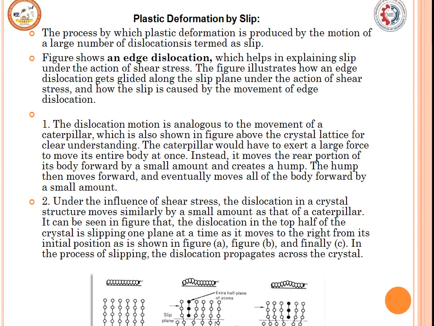Whenever the slip plane comes, the atoms in the given position are not available at the same place; after the slip plane they are available. So there will be a change in the positions of atoms, and slip happens.